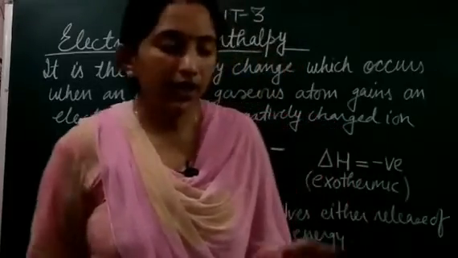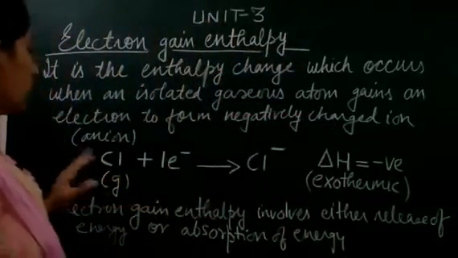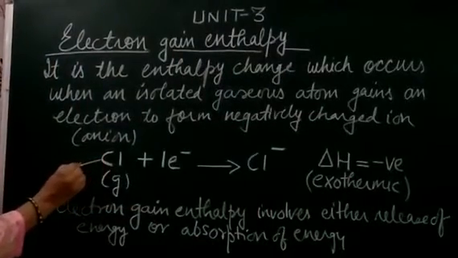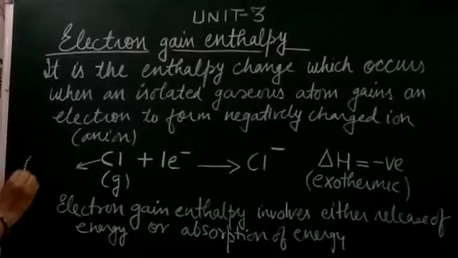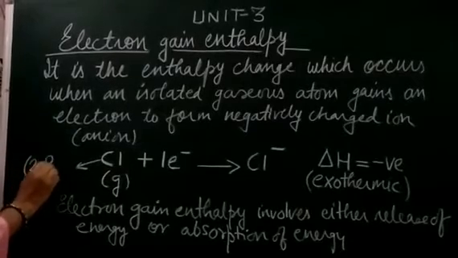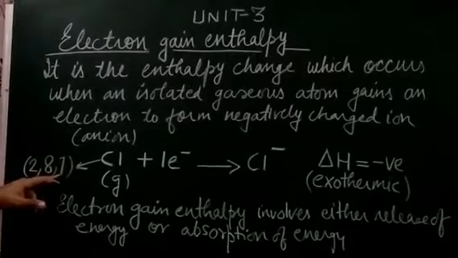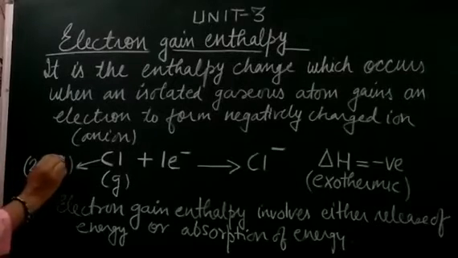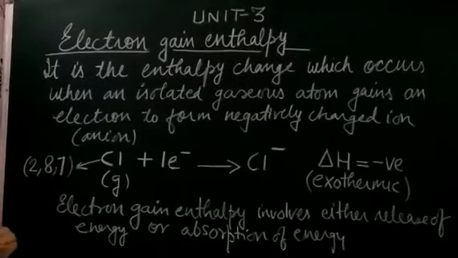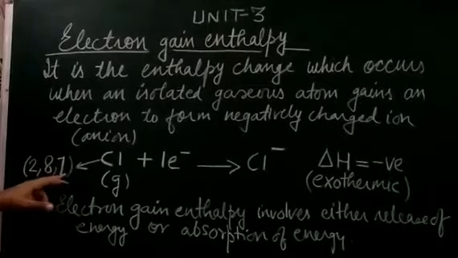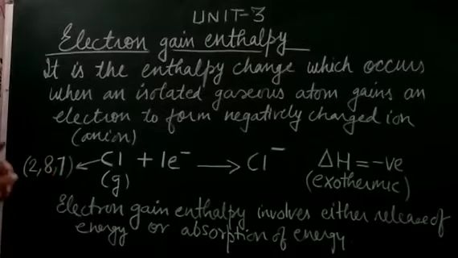For example, here I have given the example of fluorine. Now students, what is the electronic configuration of fluorine? It is 2, 8 and 7. So you can see that it is missing one electron to get the nearest noble gas configuration of argon. With 7 here, it needs only one electron.